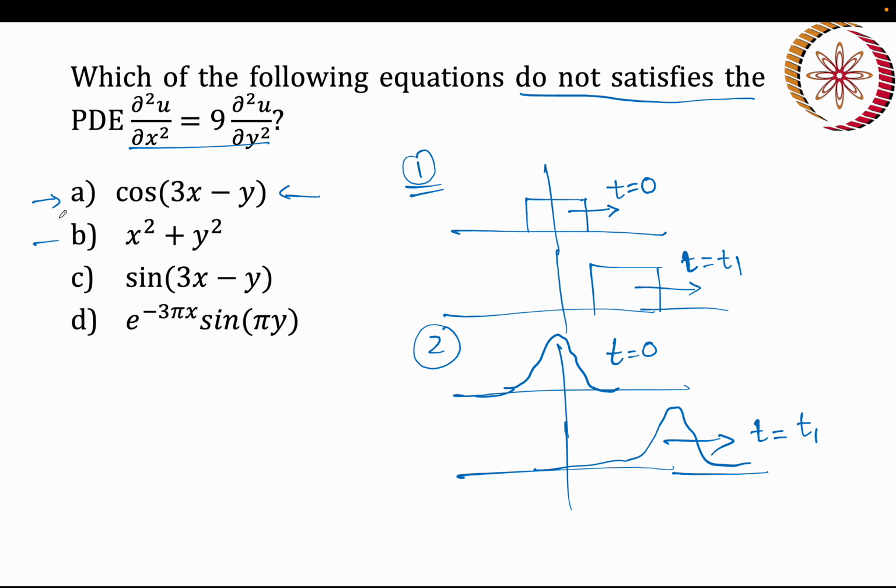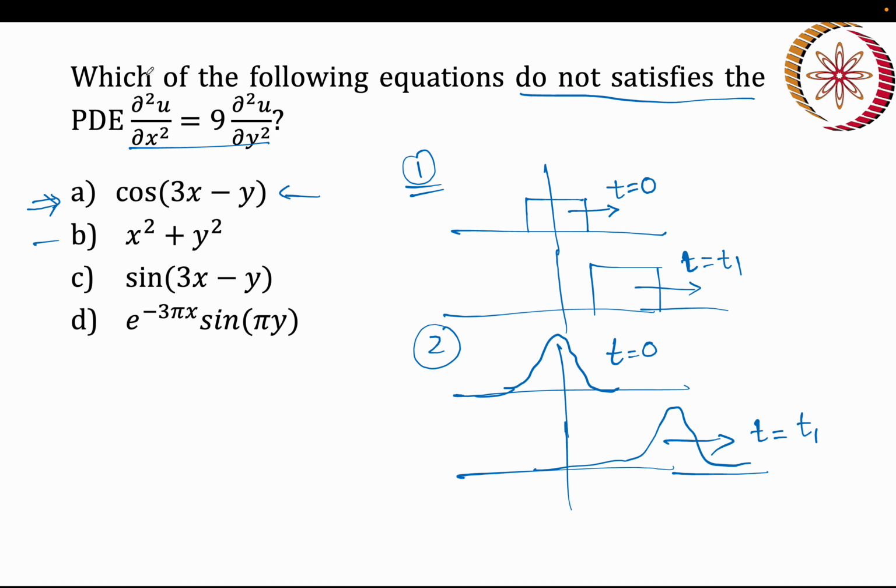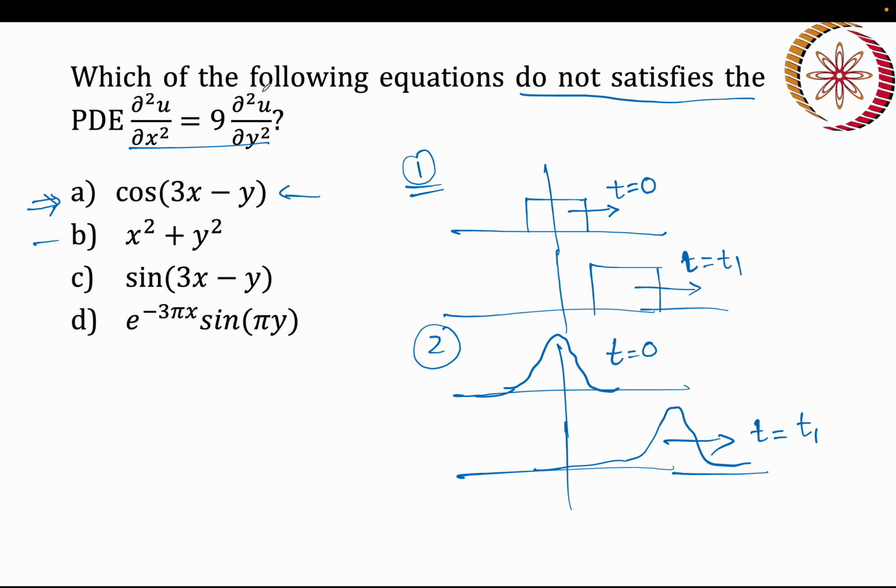So we'll start with the first equation, and we'll substitute and see whether it works or not. Let's say option 1, which is u is equal to cos of 3x minus y.